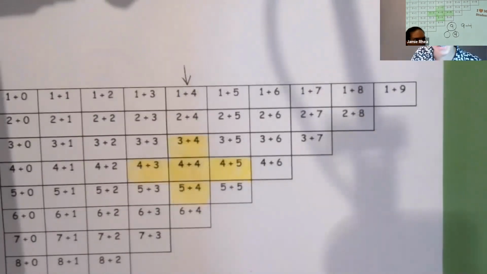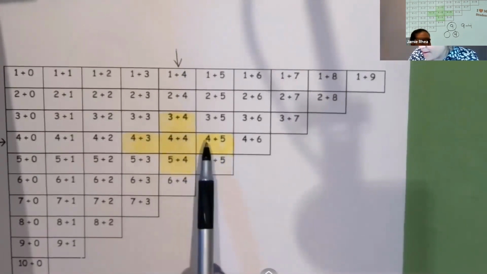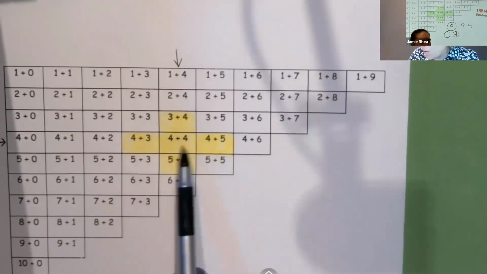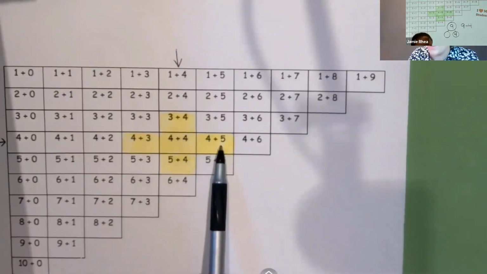What an interesting shape that made. How would you describe that shape? Kind of looks like a plus sign, doesn't it? Some people might say a letter T, or a cross, or a turned sideways X. Notice in the row, the first part, 4, stayed the same, while the second part increased by 1 every time.